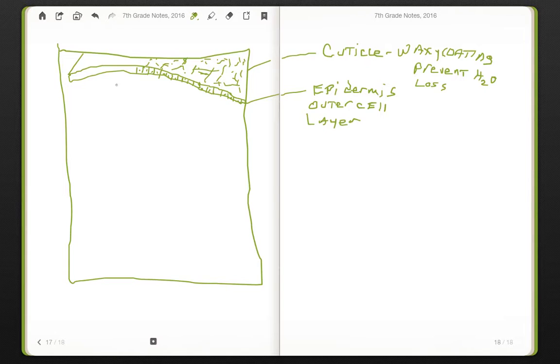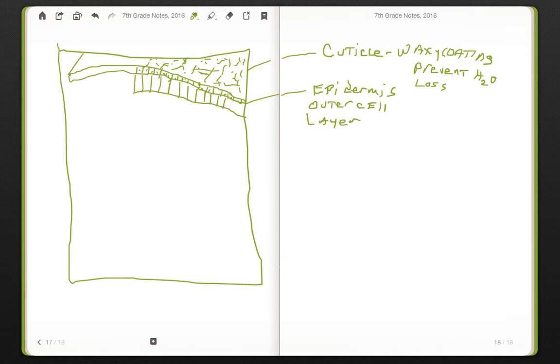Well, below that outer epidermal layer is a layer of cells that are tall and rectangular.